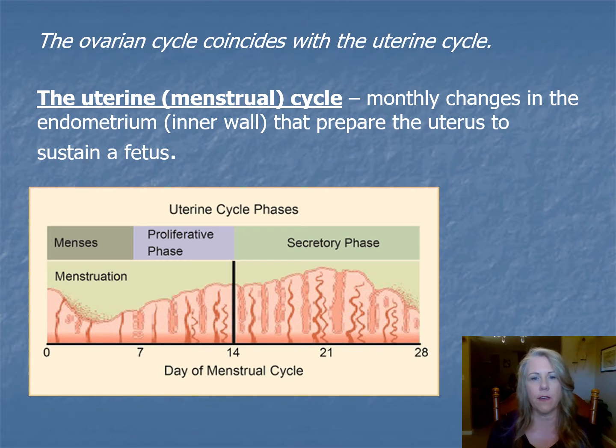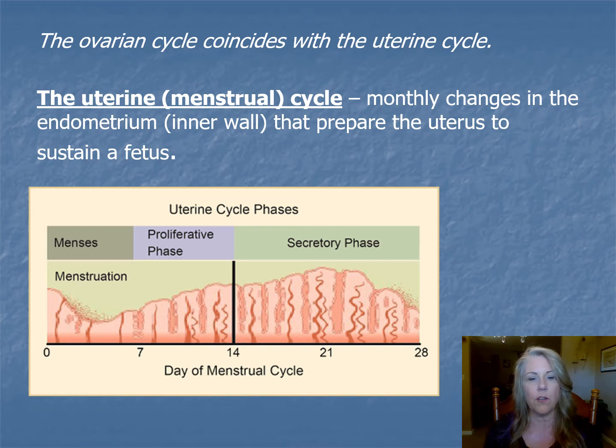Okay, the ovarian cycle, what we just talked about, coincides with another cycle called the uterine cycle. The uterine cycle, also called the menstrual cycle, describes the monthly changes in the endometrium, the inner wall of the uterus, that prepare the uterus to sustain a fetus. I want you to take a look at the picture I have up on the screen, which shows you the different phases of the uterine cycle. The ovarian cycle has phases, so does the uterine cycle.